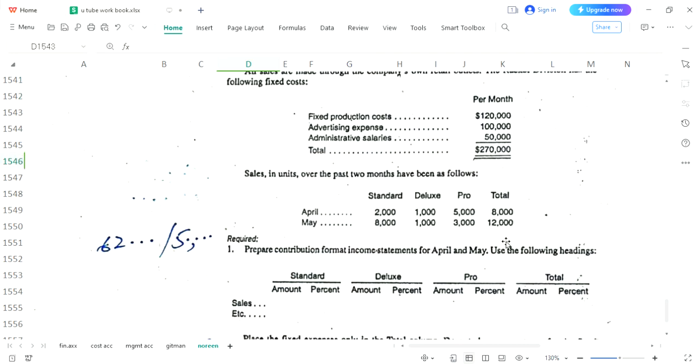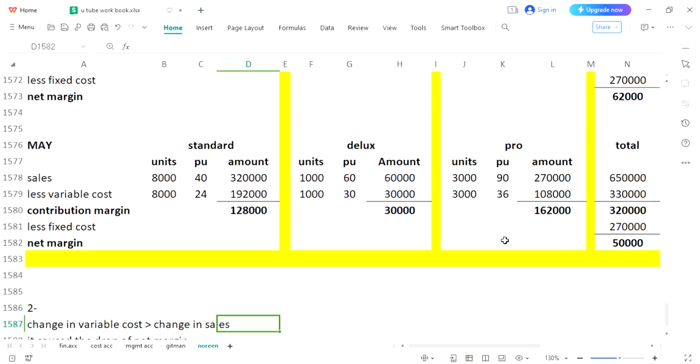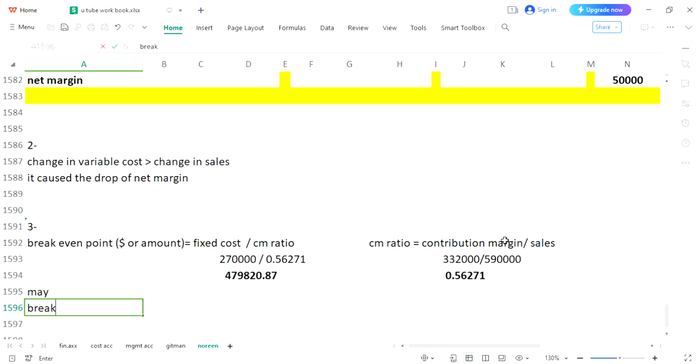Though it has been said not to make calculation, it's a matter of just one line, so we will calculate so that understanding can be developed in a better way. So for May, we can also calculate break even point in terms of dollars.